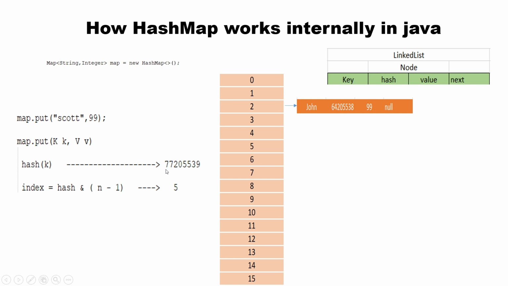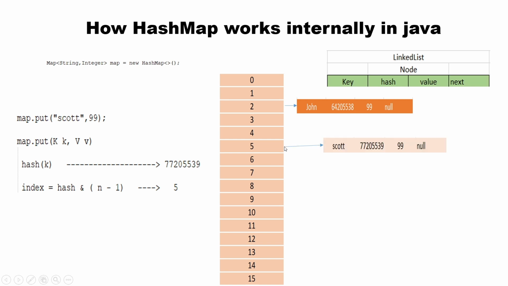This time it generated 77205539. For this hash value, we again compute a modulus operation and we get the index, which is 5. So this entry we are going to place at the fifth index of the bucket.